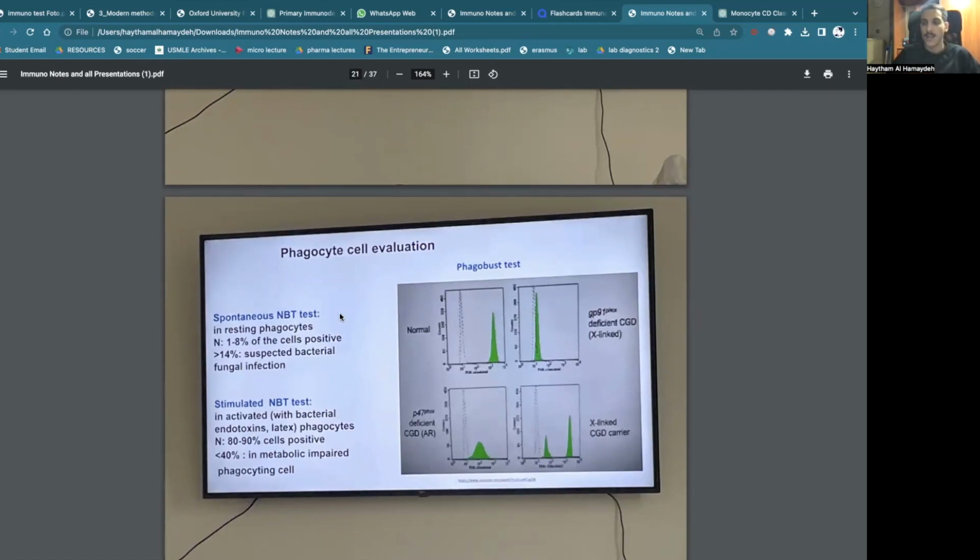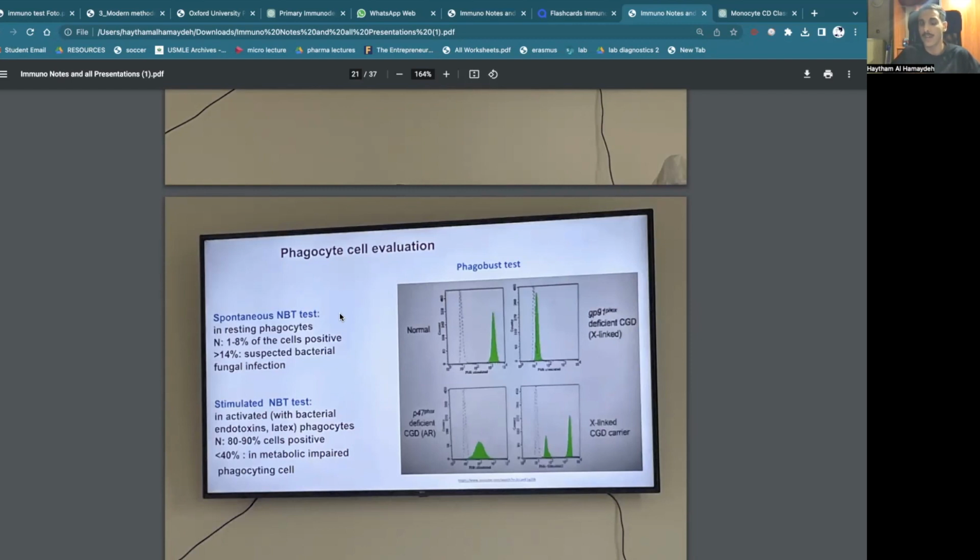And so in normal cases, you will have 1 to 8 percent of those cells having a positive NBT test, so that they're like kind of ROS active inside. Yes. Now, if there's more than 14% active, this tells us that we're suspected of having an infection.